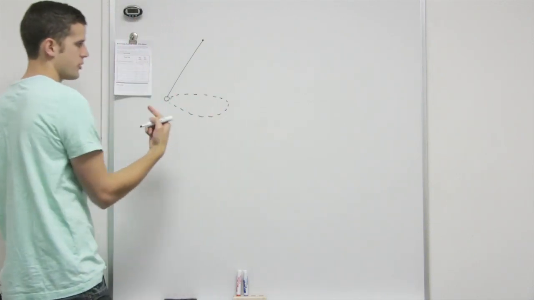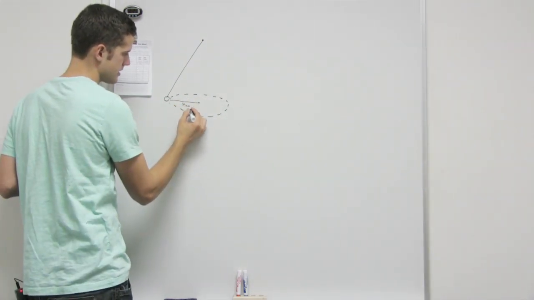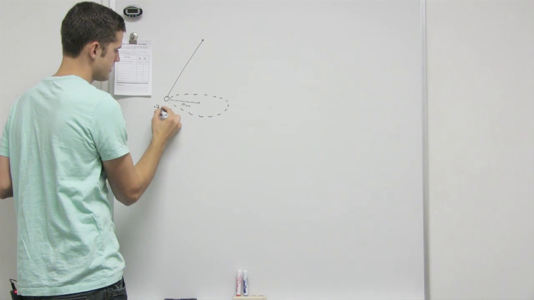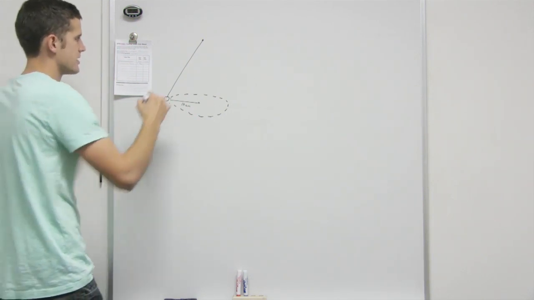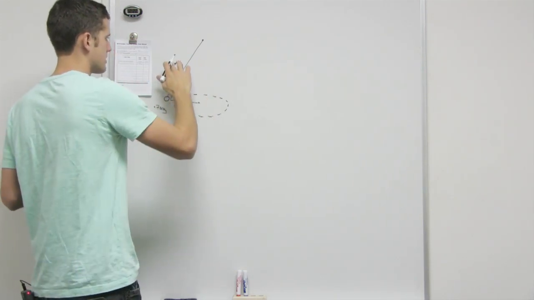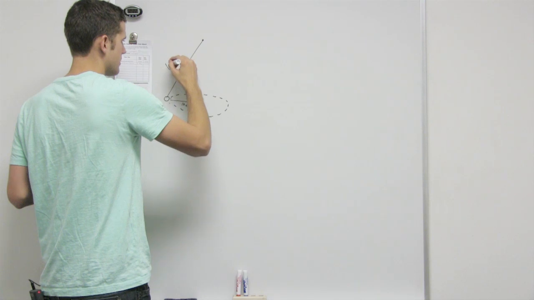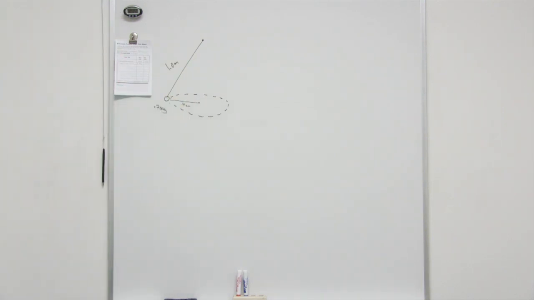So it kind of goes in a cone, and this is 10 centimeters, 0.7 kilograms is the mass, and this is 1 meter. It says they're allowed to move in a horizontal circle.